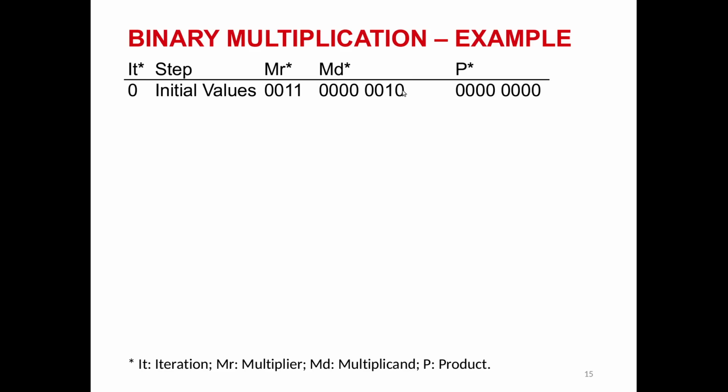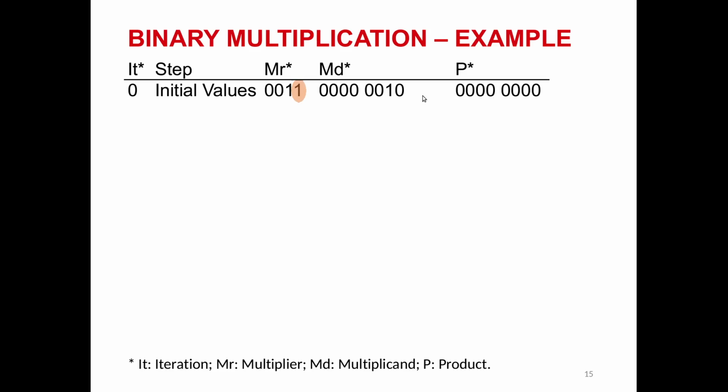Multiplicand will be 2, 0, 0, 1, 0 in binary. And we need to initialize the value of product by 0, or 0, 0, 0, 0, 0, 0, 0, 0 in binary.